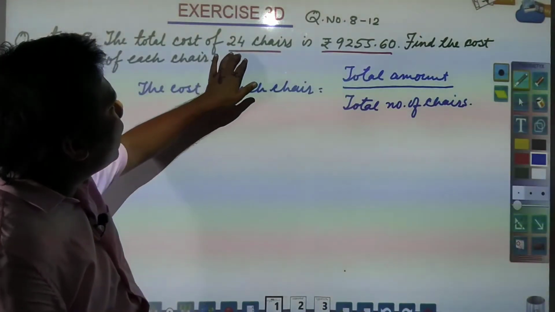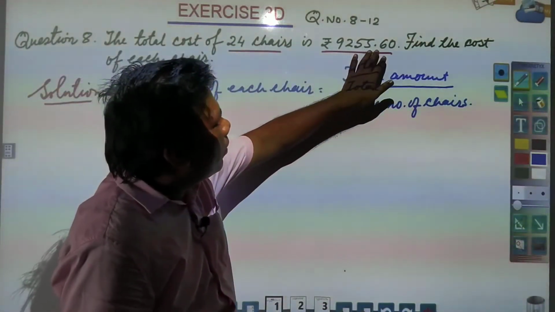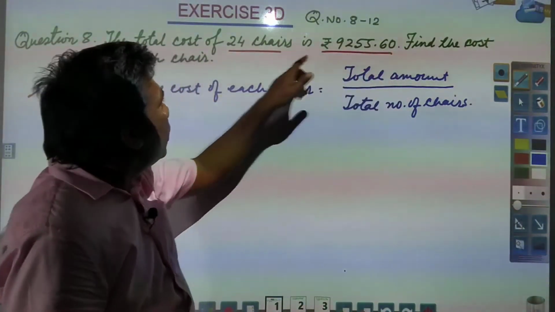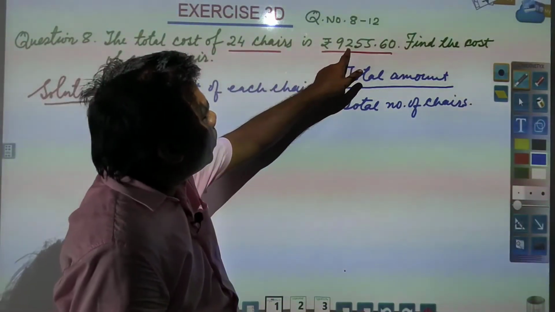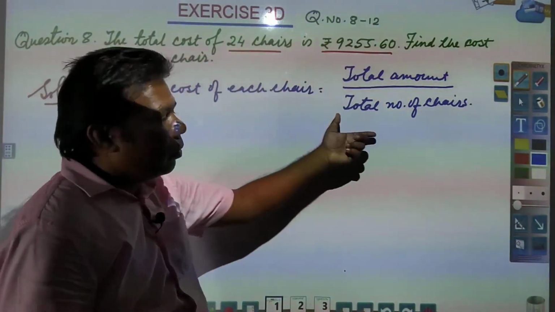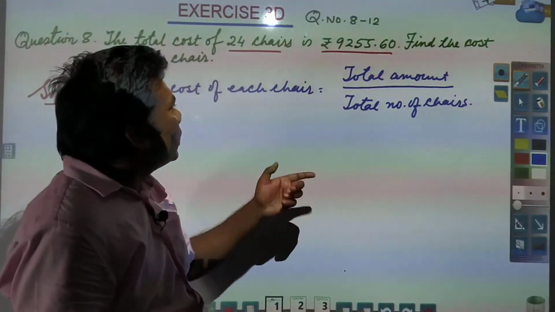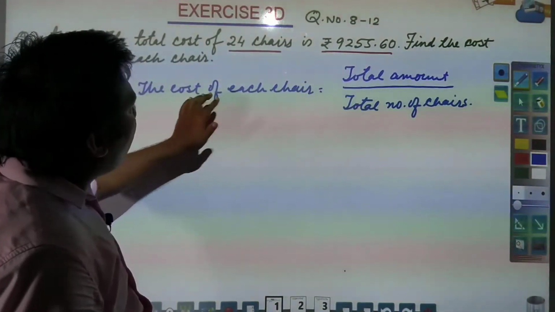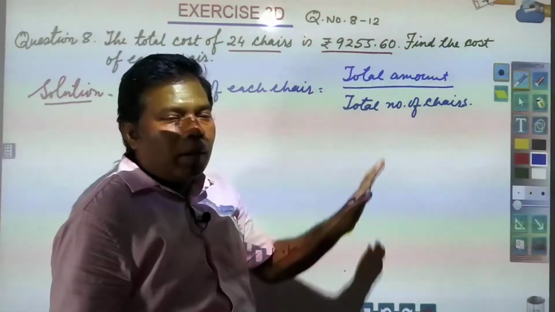The cost of 24 chairs is rupees 9,255 and 60 paisa, so the cost of one chair will be 9,255 rupees 60 paisa divided by 24. But directly I have written that the cost of each chair will be the total amount divided by the number of chairs.